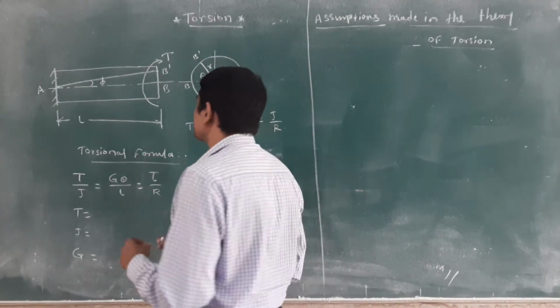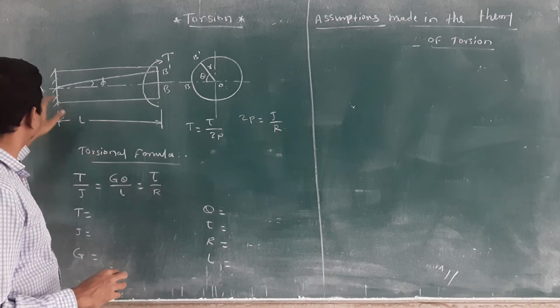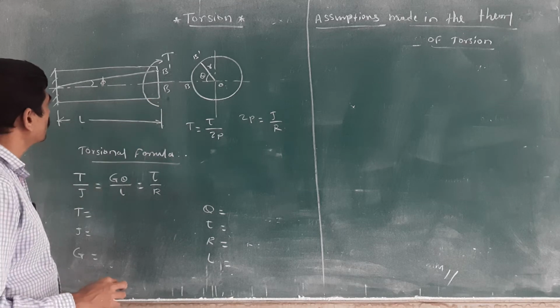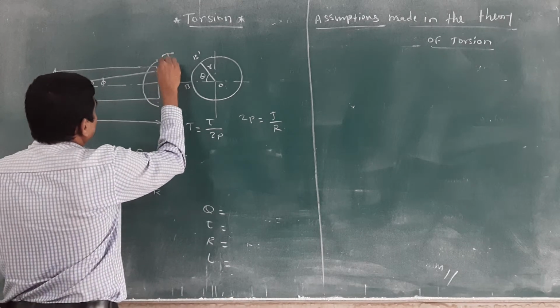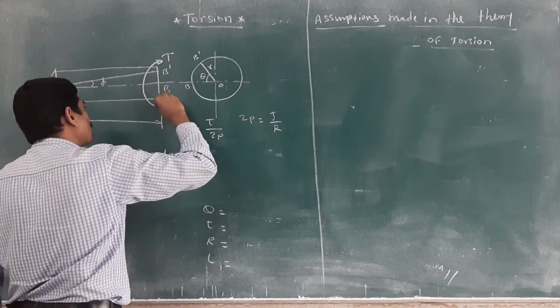See, here I have considered one bar of given length L, AB is the bar. Here a couple is produced on this shaft.